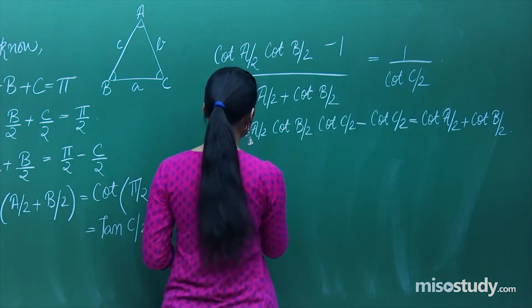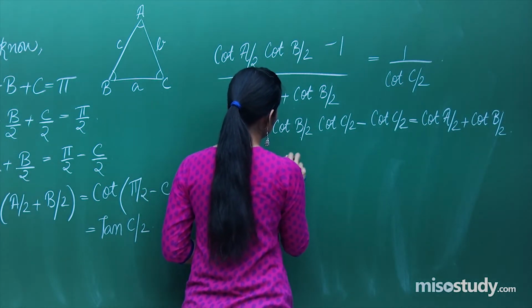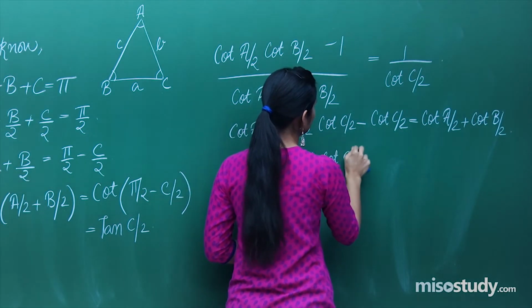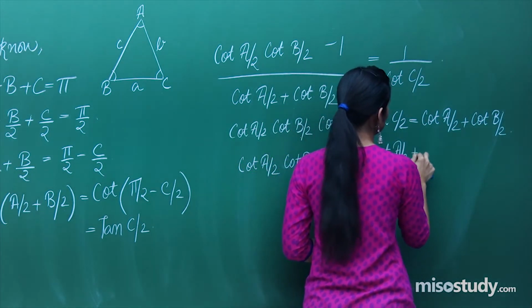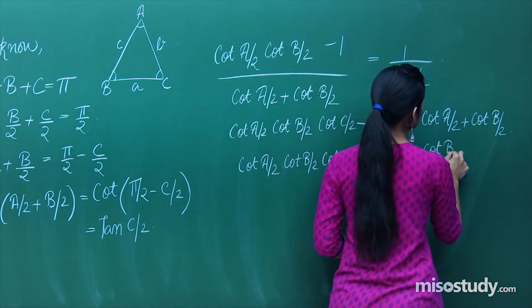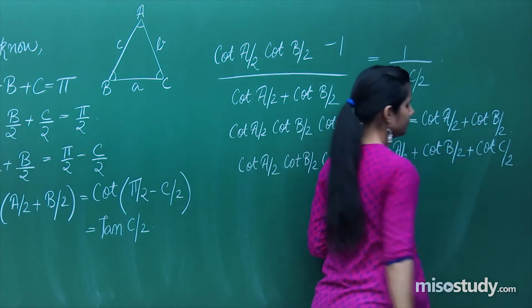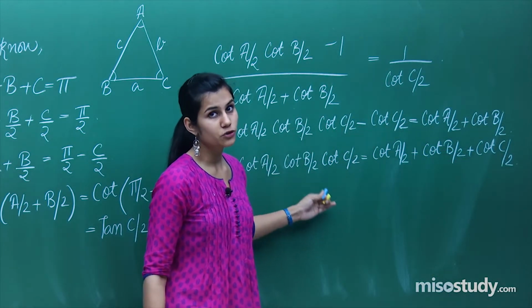Take cot C by 2 that side, what you get is cot A by 2 into cot B by 2 into cot C by 2 is cot A by 2 plus cot B by 2 plus cot C by 2. A very interesting result which you can even try to memorize.